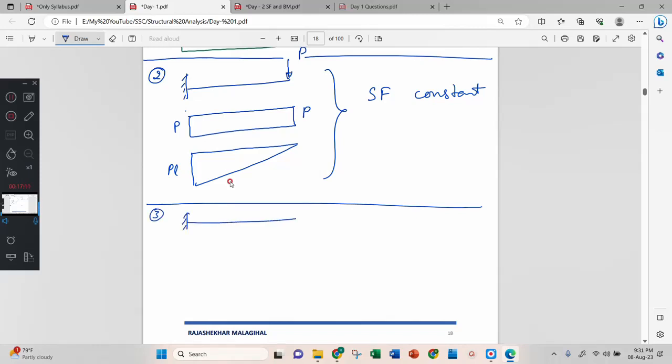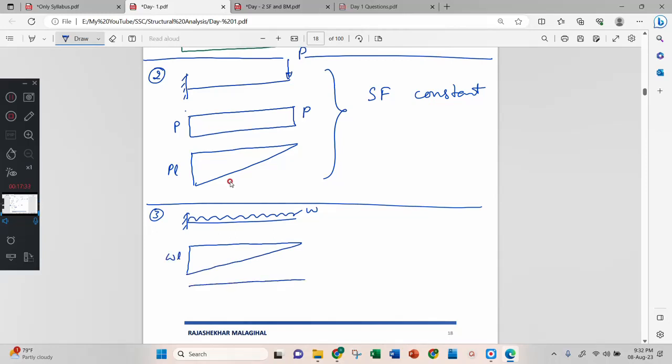Third beam is UDL of W. Then shear force diagram is this one. This is WL.